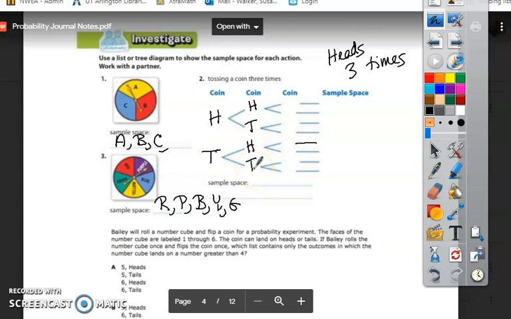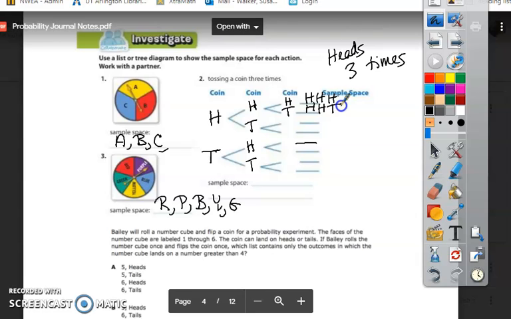Now, I'm going to flip a coin again for the 3rd time. So let's say the first time I get a heads and the second time I get a heads, I can still, on the 3rd try, get a heads, or I could get a tails, right? So H, H, H. Or I could get heads, heads, tails.